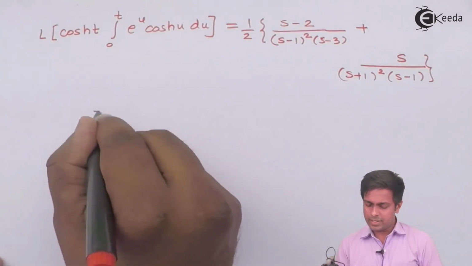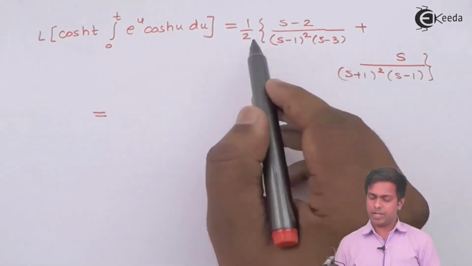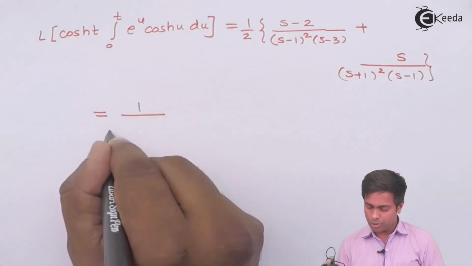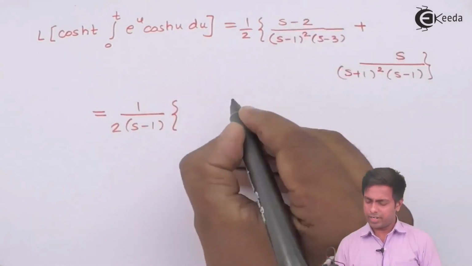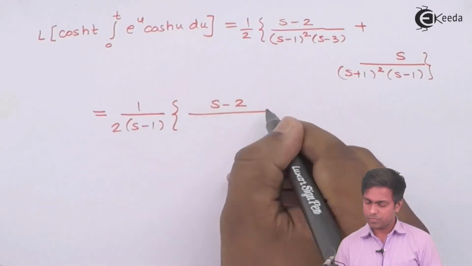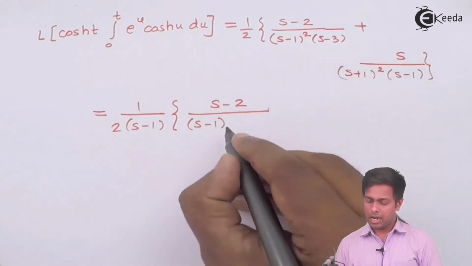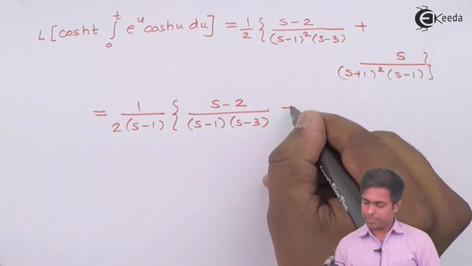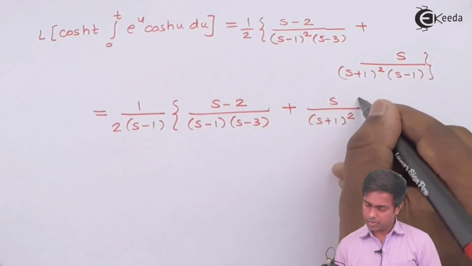In this, if you want, you can take some terms outside which are common, like s minus 1 is common, so it will be 1 upon 2 times s minus 1 outside, and in the bracket we will get s minus 2, here s minus 1 and s minus 3 as it is, and here we will get plus s upon s plus 1 the whole square.